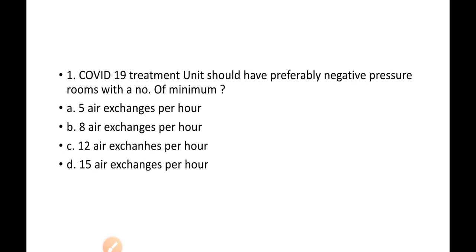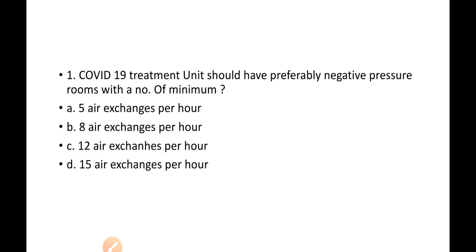Question number 1. COVID-19 treatment unit should have preferably negative pressure rooms with a minimum number of air exchanges. Option A, 5 air exchanges, B, 8 air exchanges, C, 12 air exchanges, D, 15 air exchanges per hour.